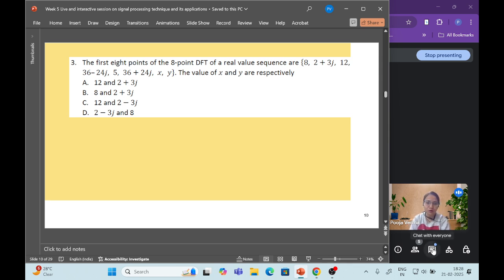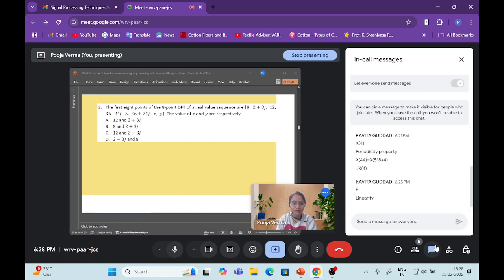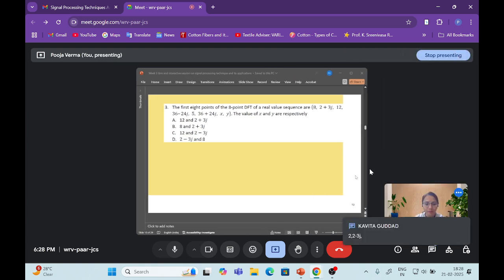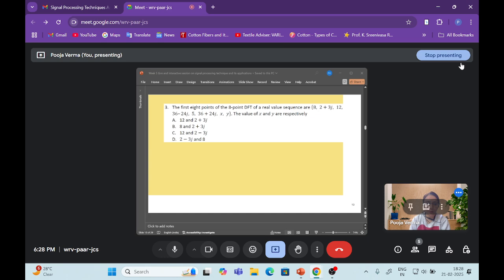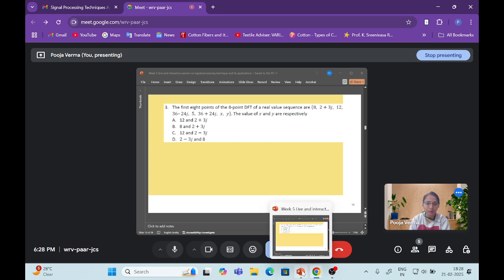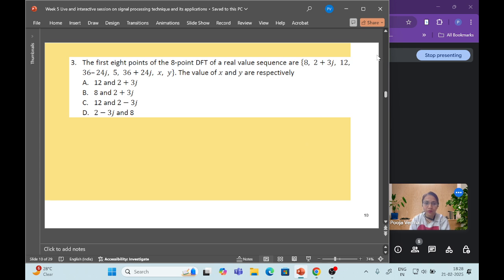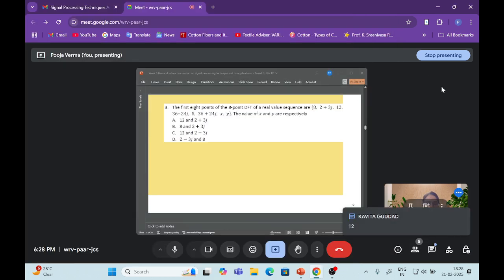What will be the values of x and y? Okay, yeah, correct one.